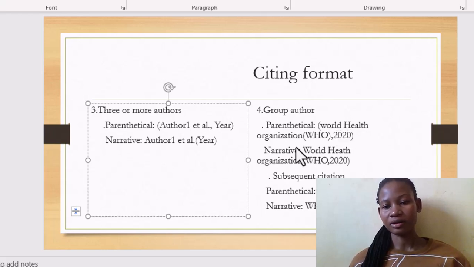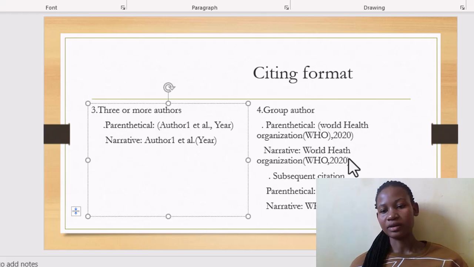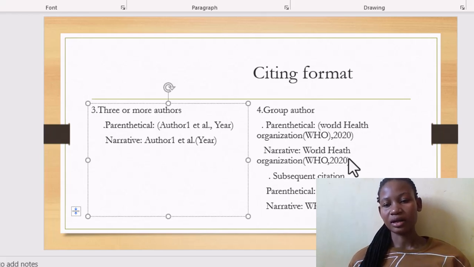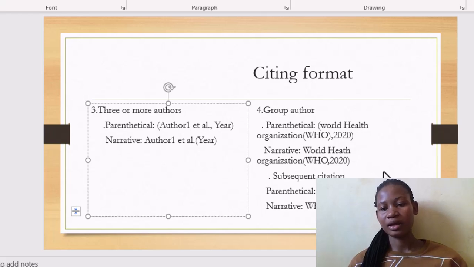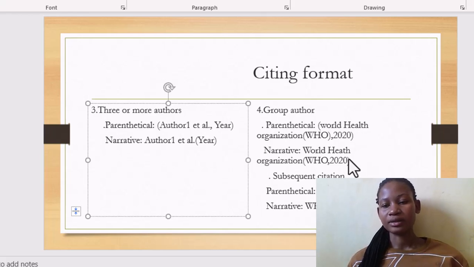But for the narrative, after writing the name and the year or publication date, where you have stopped, that's where you begin writing what the organization or the author spoke about in a given article or information.